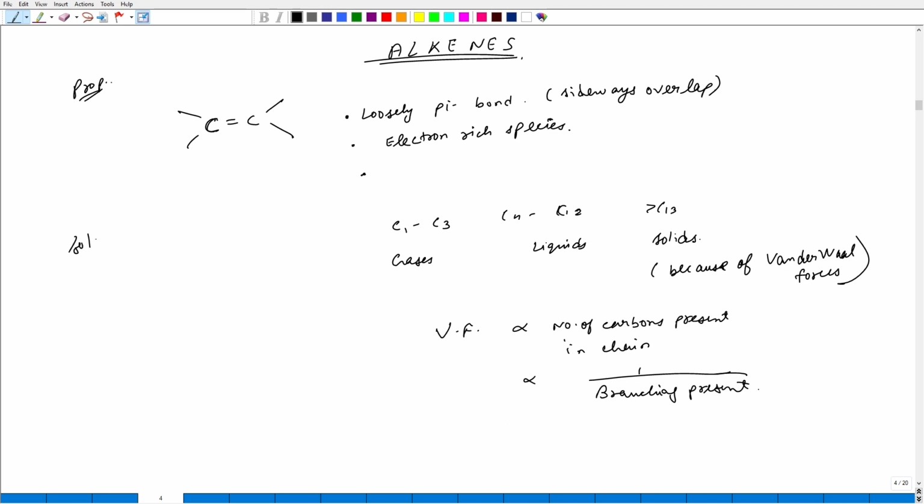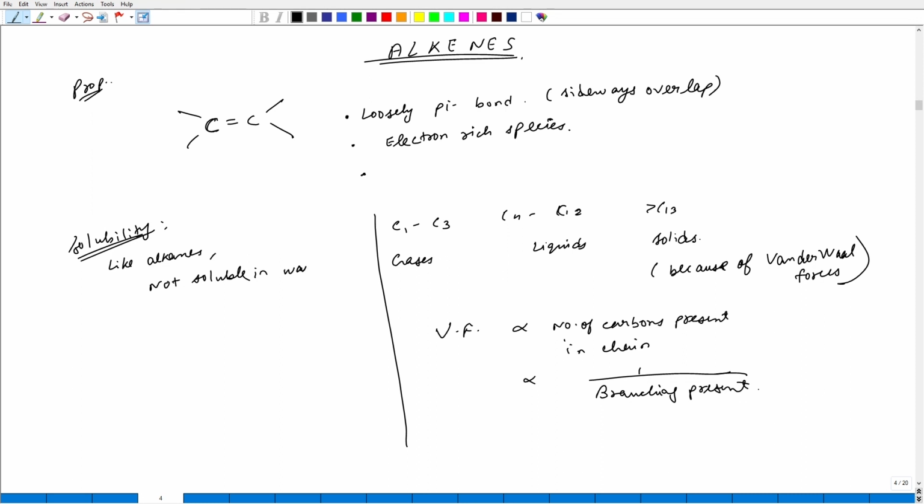Solubility, if I discuss, I will discuss about the solubility of the alkenes. Like alkanes, they are not soluble in water because they are not polar.